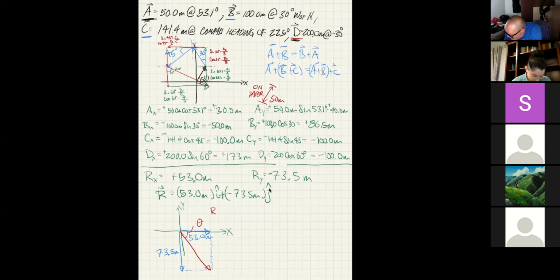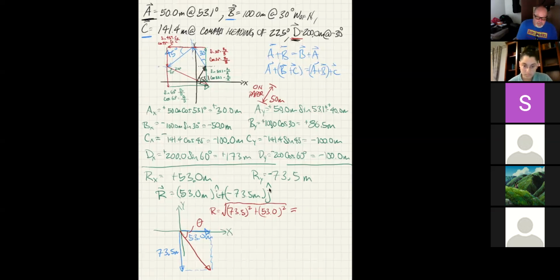So I know R is equal to the square root of 73.5 squared plus 53.0 squared. Now, technically a meter's in there. So when you square a meter, you get meter squared. And then you add a meter squared to a meter squared, you still get meter squared. And then you take the square root of meter squared and you just get plain meters.